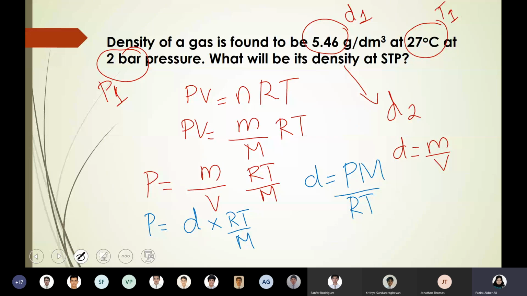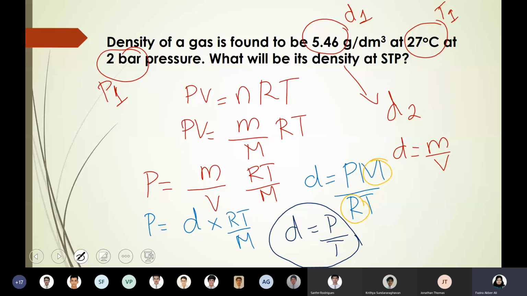It's a constant for a particular gas. For example, oxygen O2, 32 is the molar mass, that's a fixed value. So both M, the molar mass, and R are constant. So you can remove those terms. So finally your equation will become density is proportional to P by T.